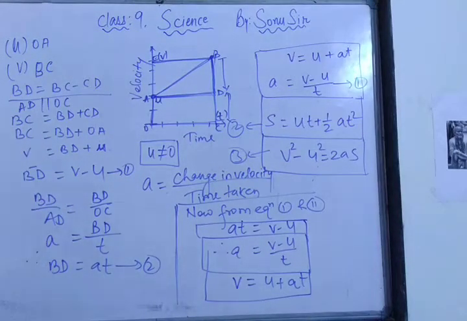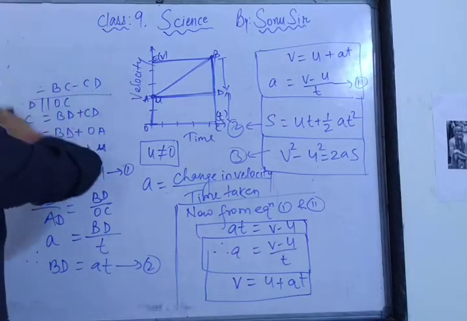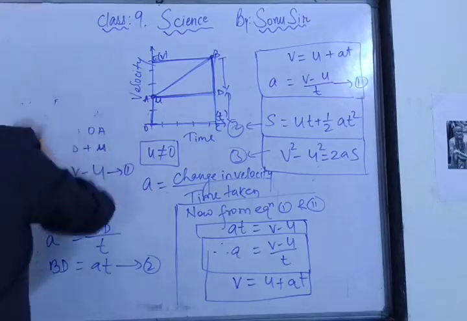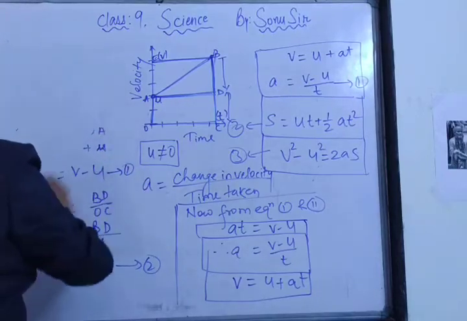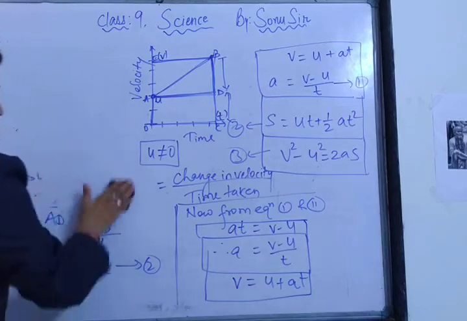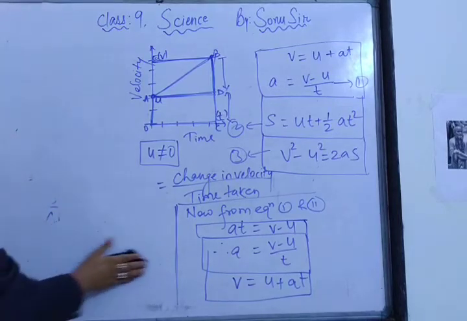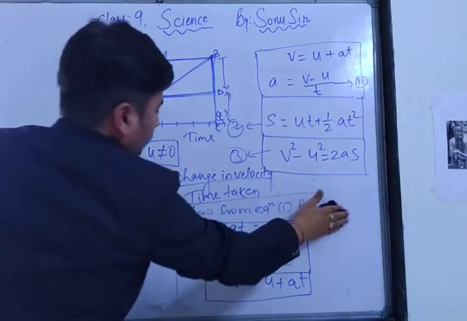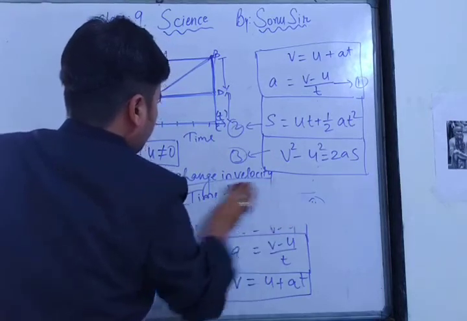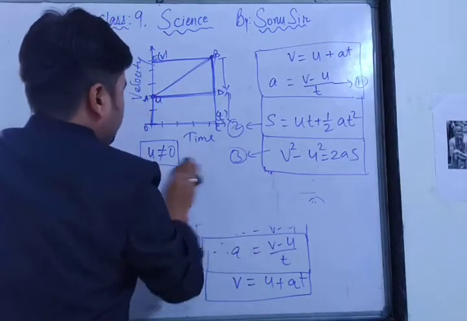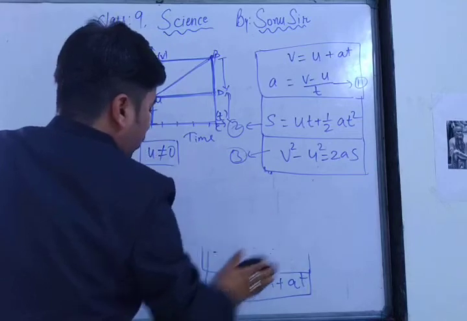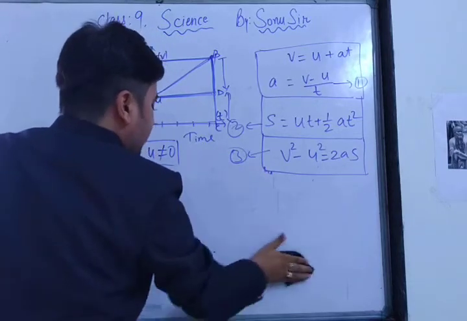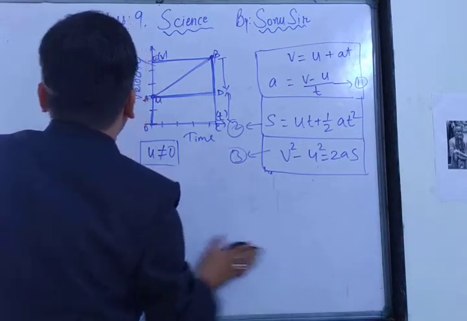How you will derive the second equation is very easy. The same graph will be there, but here the equations are going to be changed. Now the question is how much distance that vehicle has covered.